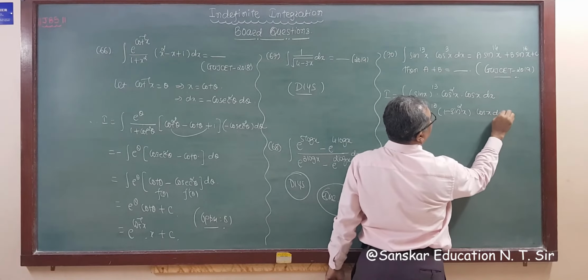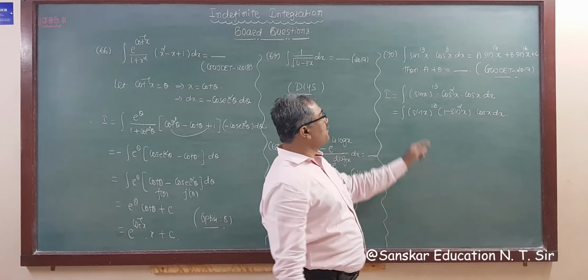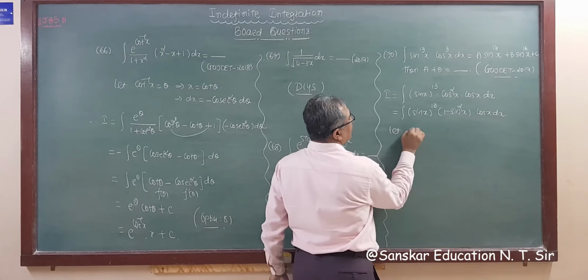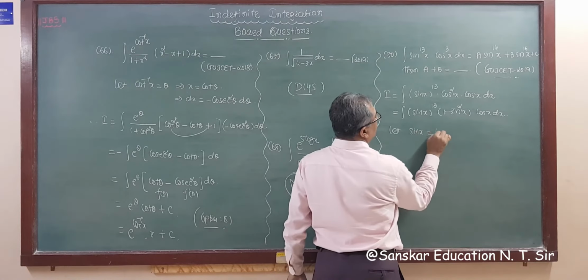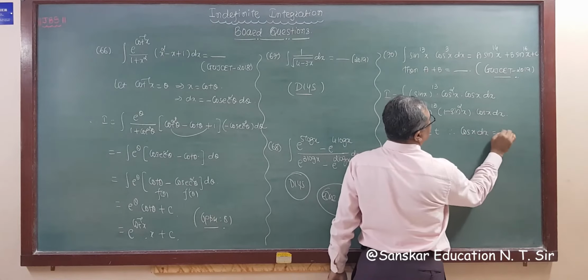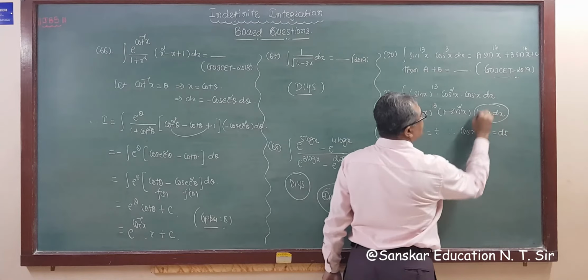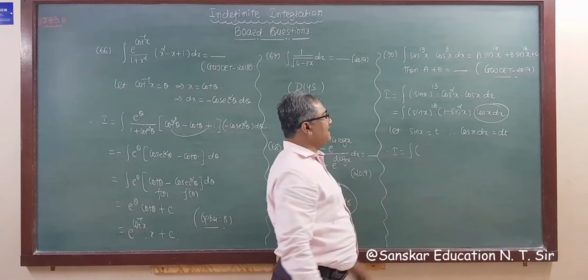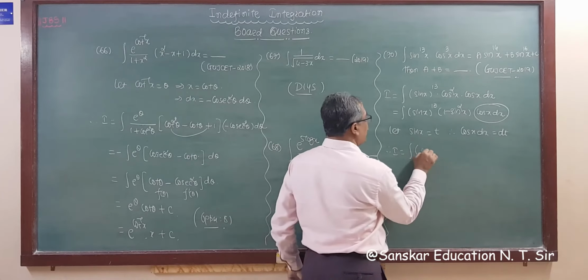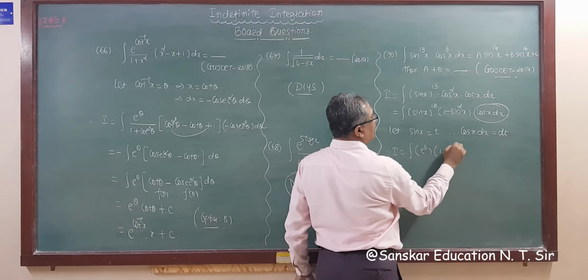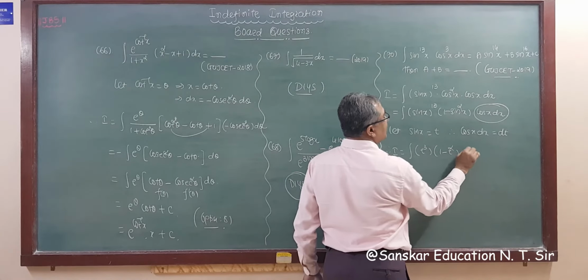So assuming sine x is equal to t as usual, let sine x be equal to t. So the derivative of this, that is cos x dx, is dt. So the integration becomes t cube into 1 minus t square, since 1 minus sine square is 1 minus t square and cos x dx is dt.